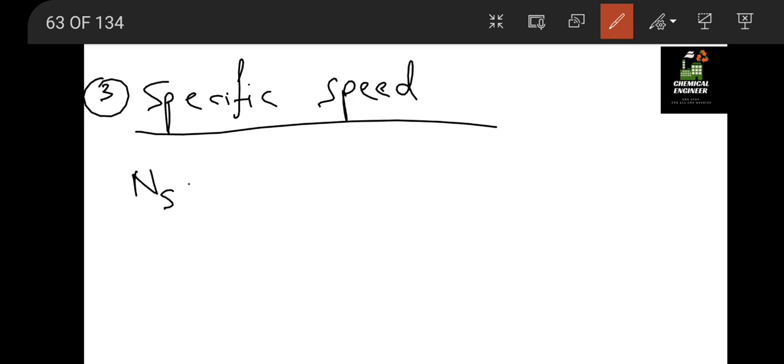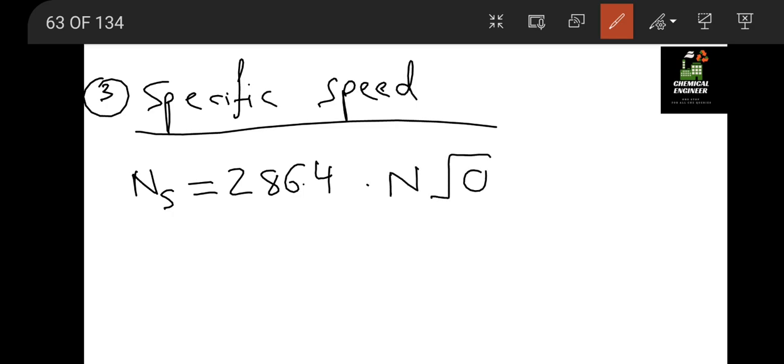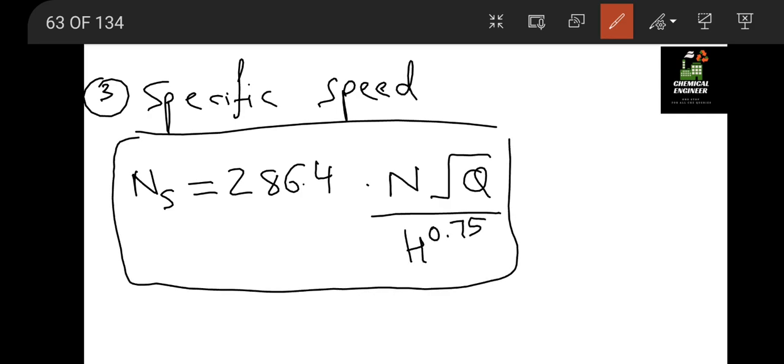So specific speed is given as 286.4 into N under root Q divided by H raised to 0.75. This is the specific speed. N is in RPM, the units should be clear in your mind. Q is in meter cube per second.